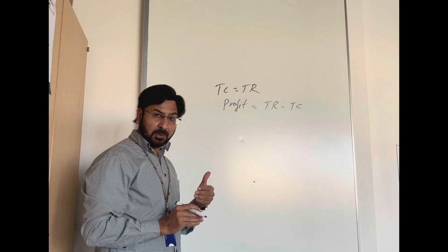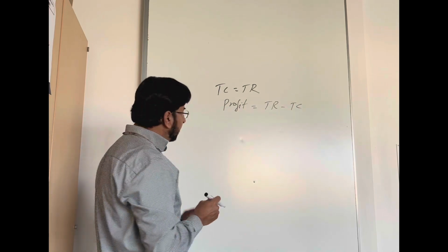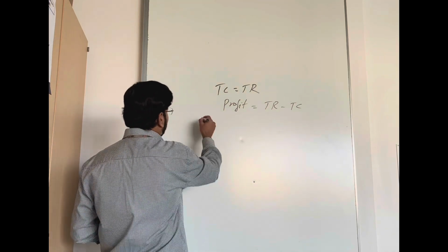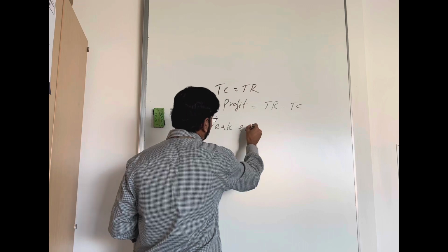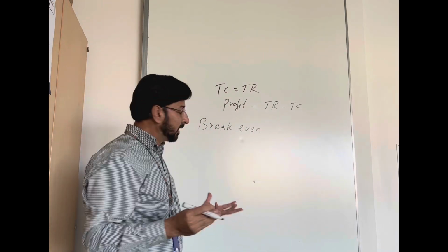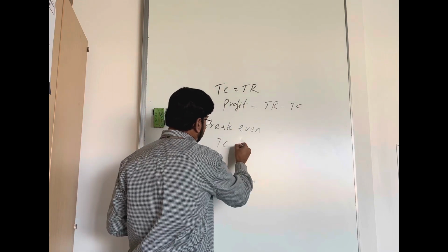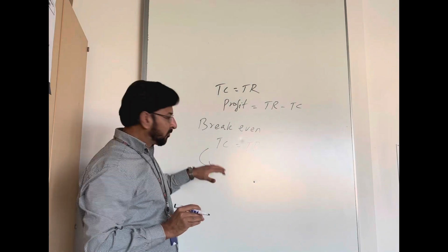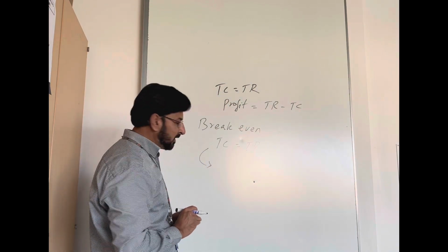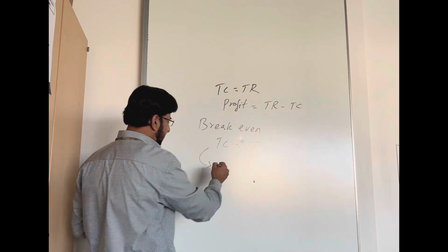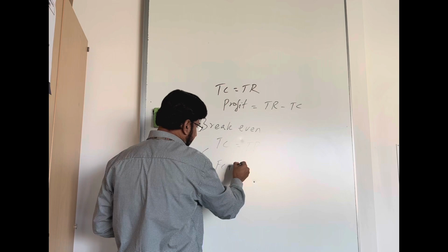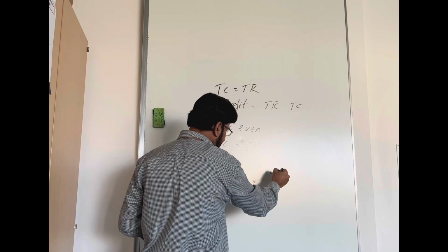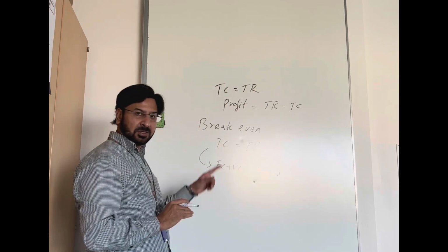Before I show you how we present that in a graph, let's talk about the formula which you can use to show break-even. Break-even, as the term suggests, is TC equal TR. If you further write the values of TC and TR, TC is FC plus VC, fixed cost and variable cost, and price times quantity sold or demanded is your TR.